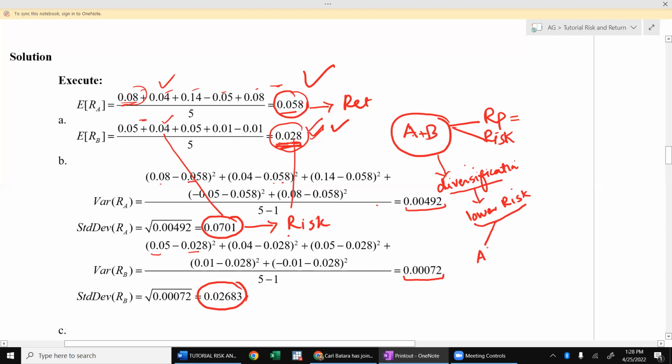So when I say diversification, I am decreasing the risk of the portfolio, because I know that the individual security has a highest risk of 0.07, right? So what do you expect when I calculate the risk of the portfolio? Would it be higher than the risk of A or B?